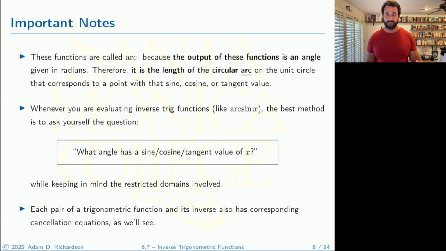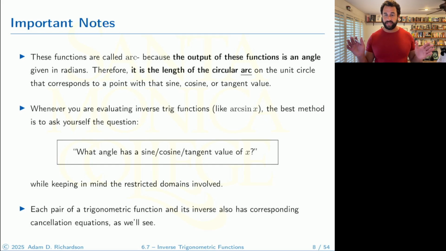And because we're using radians, the angle corresponds to the length of a circular arc on the unit circle. So that's why these are called arcsine and arc cosine and arc tangent, because it's telling you the length of that circular arc that corresponds to that angle on the unit circle. So that's why they're called arc, which is pretty cool, huh?